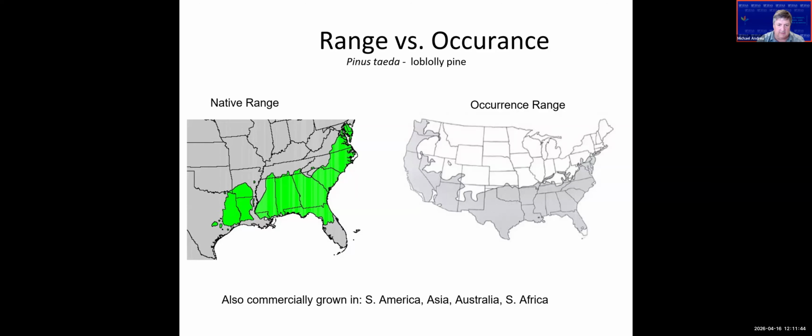That's an example of how understanding the range can influence what trees you might expect to see when walking around in a forested setting. If I see a pine tree down in South Florida, I'm not expecting it to be loblolly pine, based on this range map.